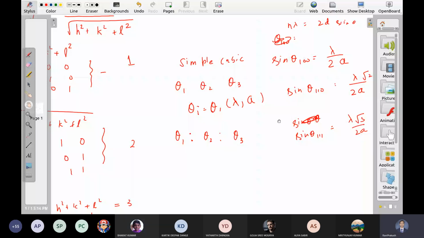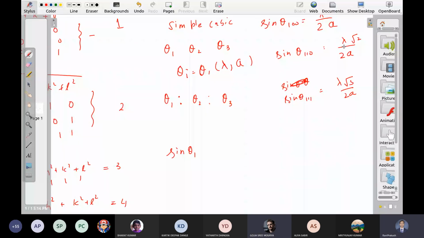Sir, n equals to 1 means? First order diffraction. For the same set of planes, you can get many angles which will show constructive interference.